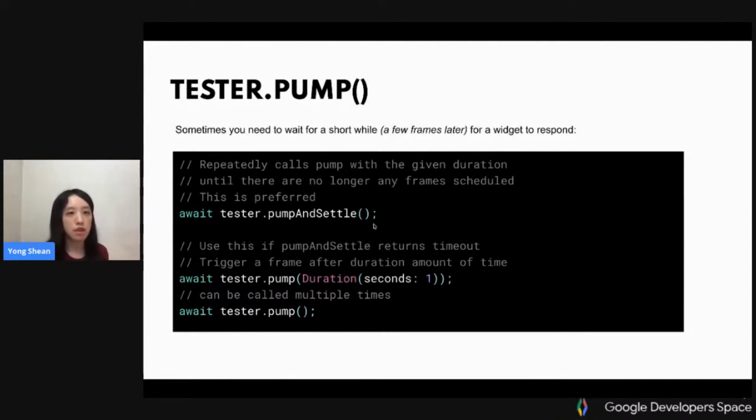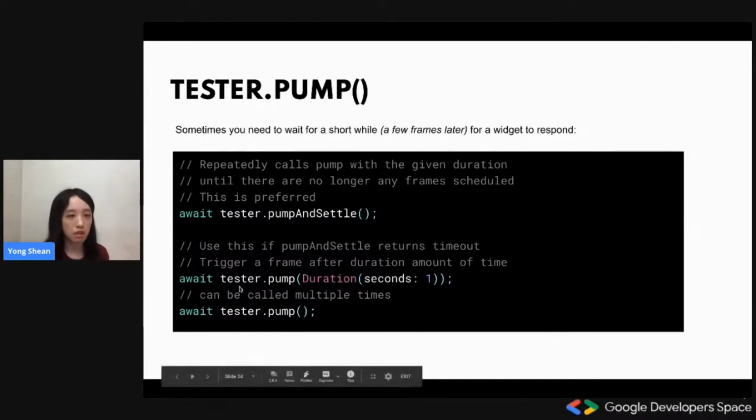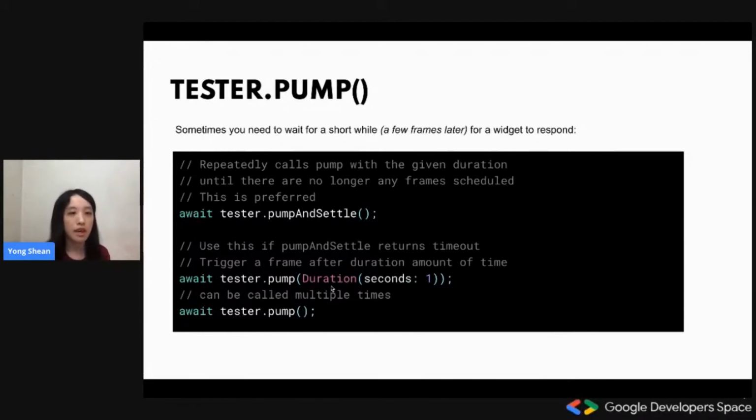So when you run this, it will pump a few frames until it no longer has any frames that are scheduled after that. So I mostly use this. Sometimes I would use the tester.pump, and then you can also put in your duration.